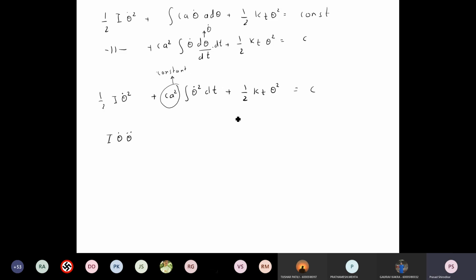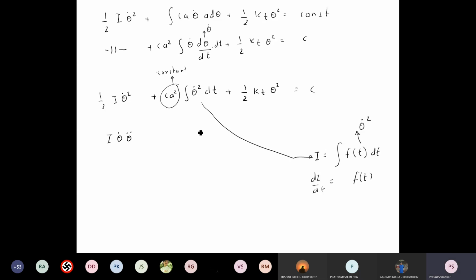Now we have to differentiate this value. This is like the integral of a function of time, theta dot square, dt. If I differentiate this integral I with respect to t, I get f of t, and in our case f of t is theta dot square.